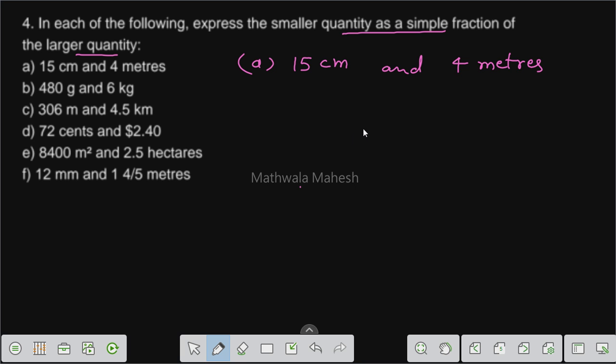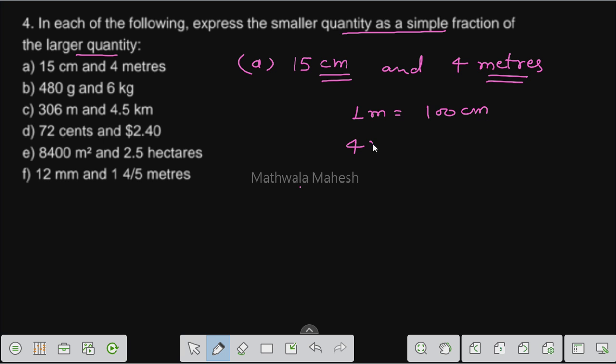So if we have to compare both the quantities, we have to first change the units and make them equal, because first one is centimeter, second one is meter, so we have to convert the meter into centimeter. So we know that 1 meter equals 100 centimeter.